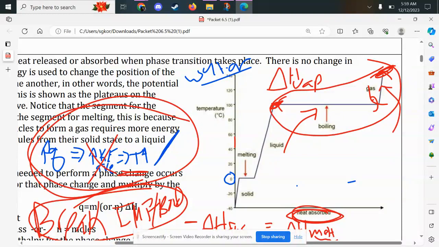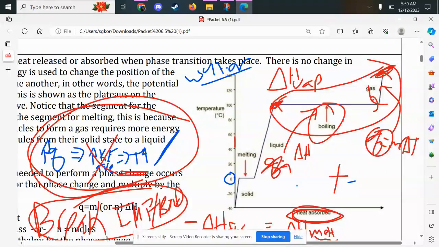So you might have to do a Q equals MC delta T to find this Q, and then do a delta H value with our stoichiometry from our last video to figure out this value, and then add them all together.